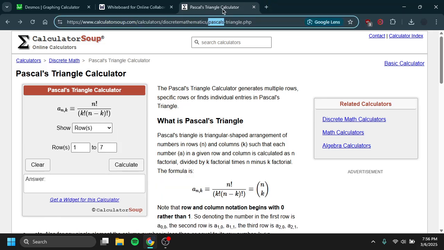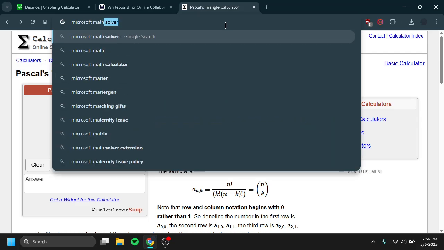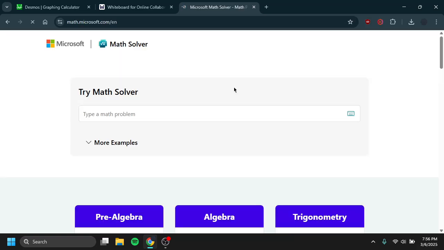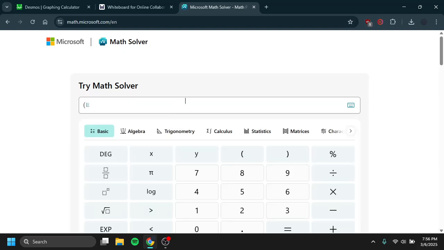It's not what I was intending. I use Microsoft a lot to pull this out. It will be 4x plus 5 to the 7th power.